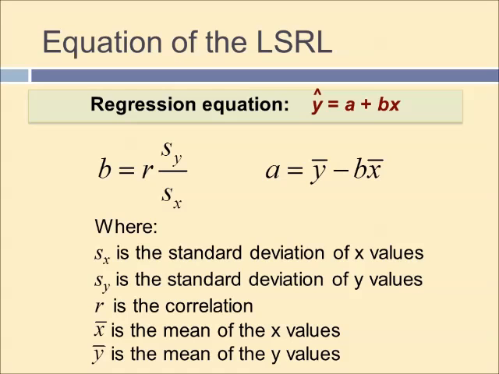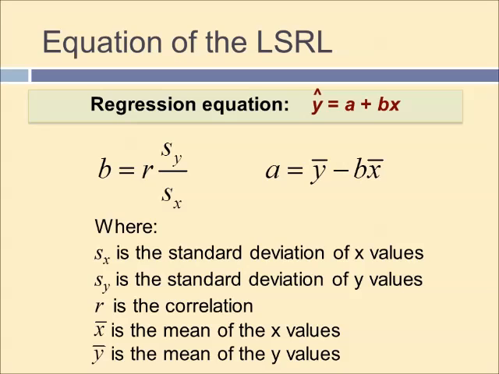So, the equation of the regression line. This is just for information purposes because I'm not going to ask you to actually use these to calculate. You'll use computer software to actually do the calculation of regression lines. But I wanted to point out the formula for finding the slope is the correlation coefficient r times the standard deviation of the y values over the standard deviation of the x values.